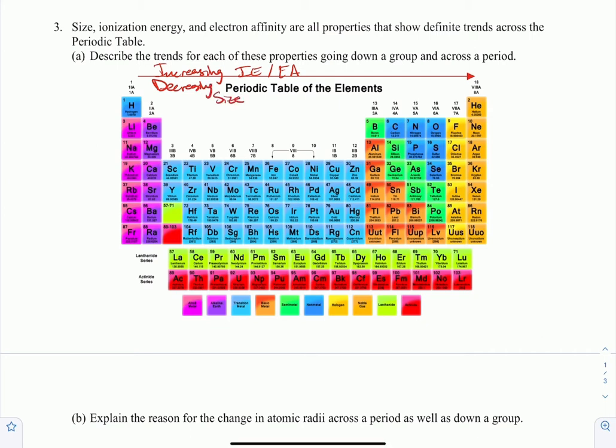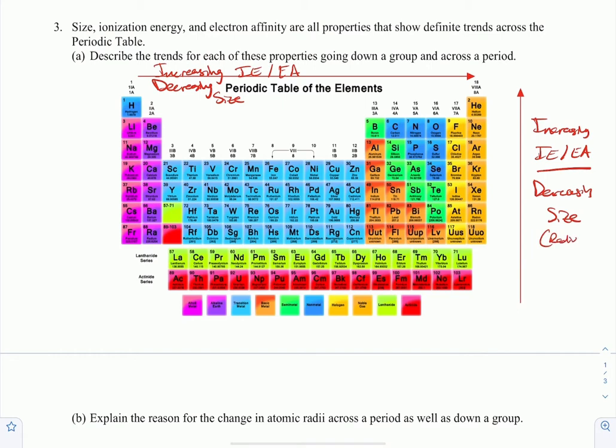Now going up, we've got increasing both again, so increasing IE and EA, and then again decreasing size. Size you may see as atomic radius, so I'll just put radius here, atomic radii. Just the size of the elements that we're talking about with valence electrons.